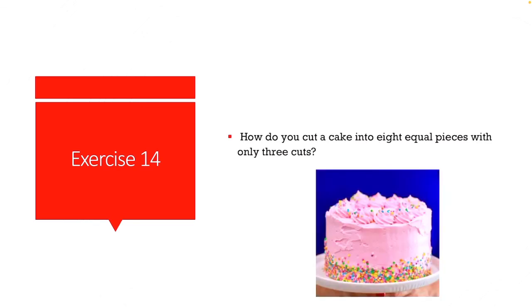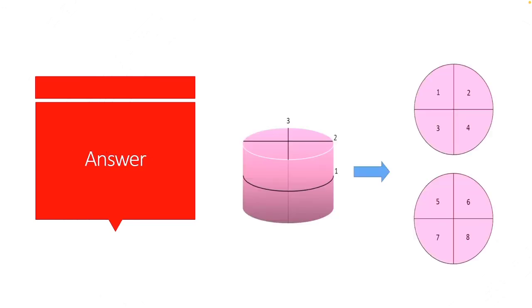Okay. The last exercise is, how do you cut a cake into 8 equal pieces with only 3 cuts? The answer is very simple. See, first you have to make 3 cuts and you have to make 8 equal pieces. So the first cut we have to make where?